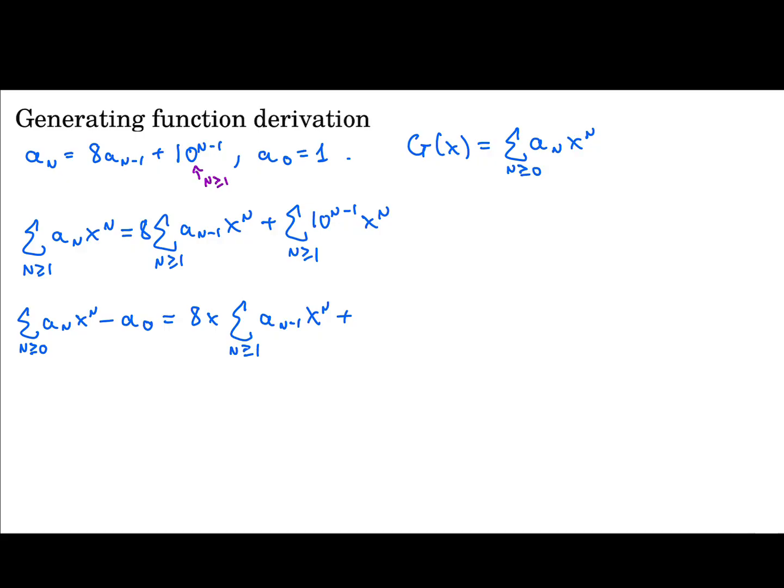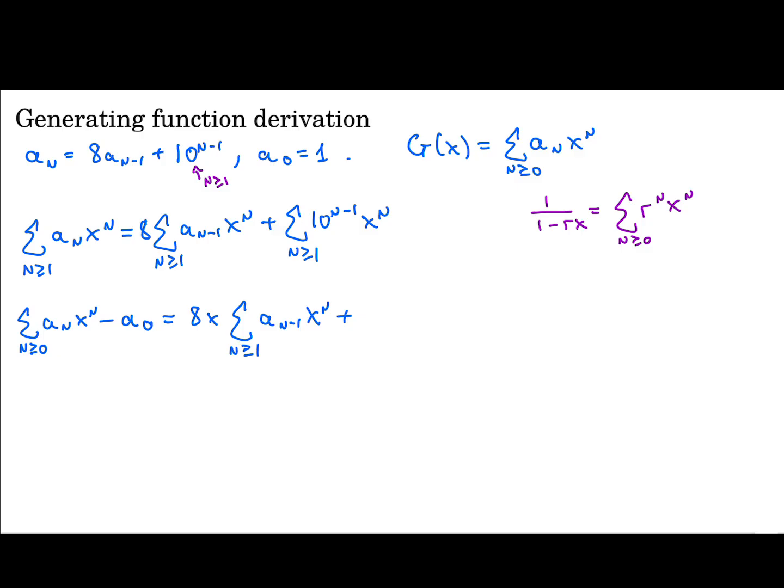So recall that 1 over 1 minus rx is the summation of r^n x^n, n larger or equal than 0. And so this is going to be the case with the 10, as long as we also get it. So we could replace a 10 here and get 1 minus 10x here, but we need these things to match.